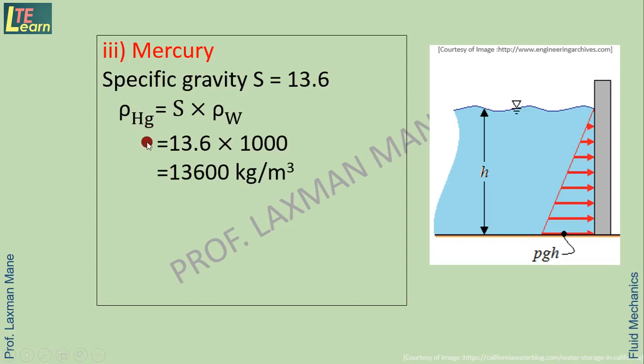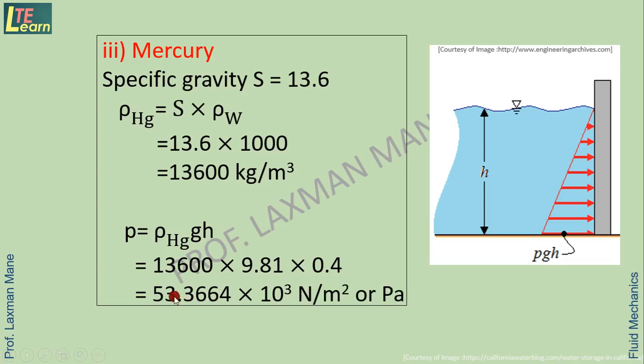By doing the calculation, we first find the density of mercury in kilogram per meter cube. This we use in the further calculation of pressure intensity. Putting the value of density of mercury, values of g and h are the same as for oil and water. So we find the pressure intensity for mercury in Newton per meter square or Pascal.